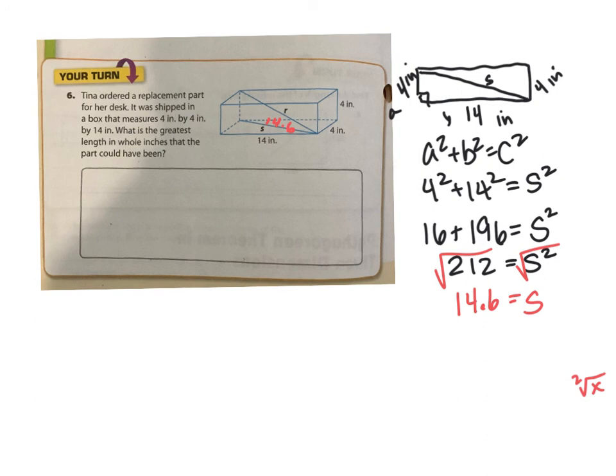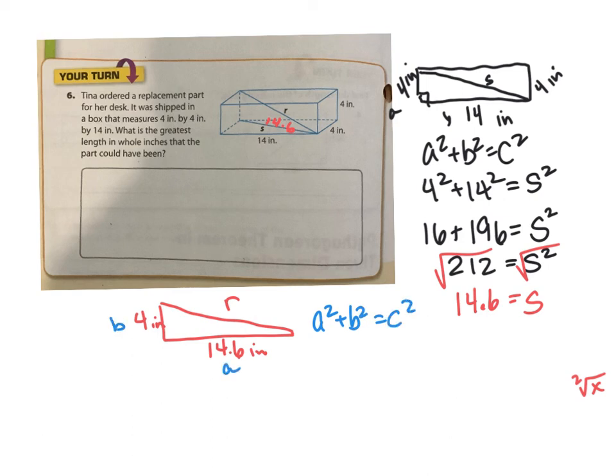Now I will focus on this triangle because I know this length now and I need this hypotenuse. So for my brain, I'm drawing that flattened version of it. I know now that this is 14.6 inches. I know that this one here is 4 inches. And I need this R length. Using my Pythagorean theorem again, a squared plus b squared equals c squared.